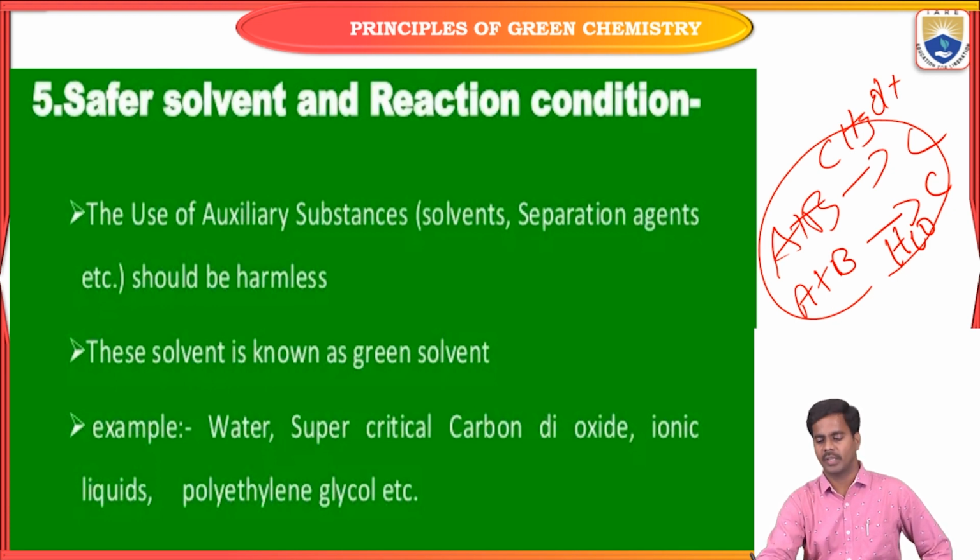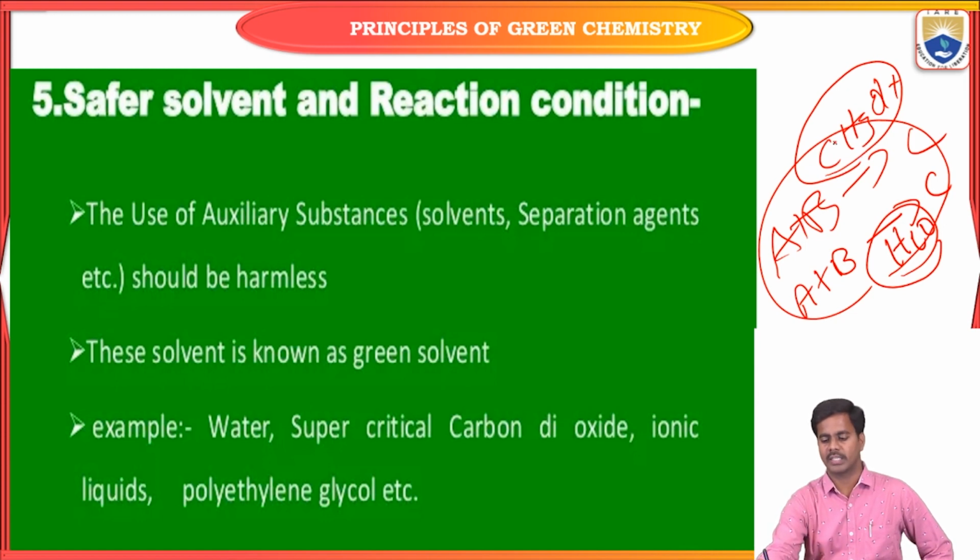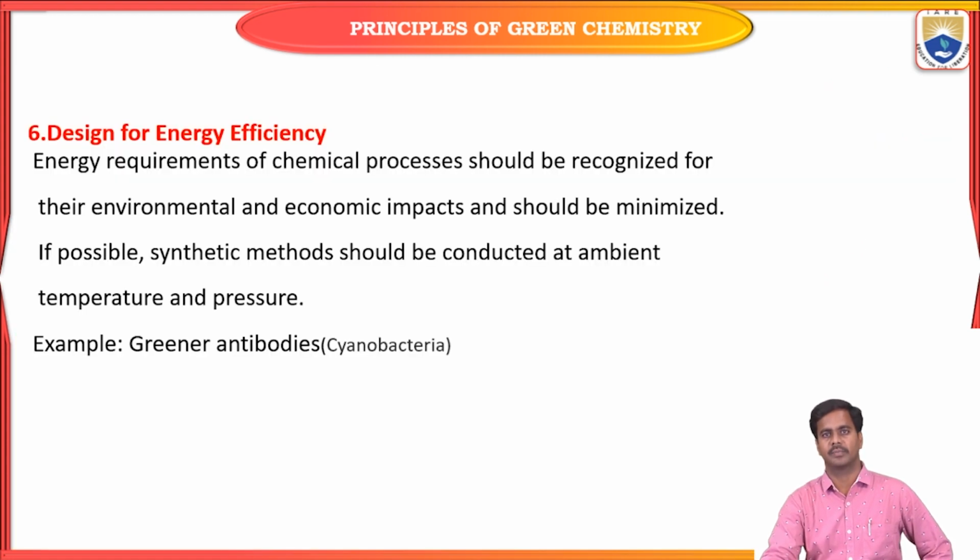Why? Because here we are using the eco-friendly solvent water. In the first reaction, we are using methanol as a solvent. Methanol is an organic solvent and produces some extent of hazardous nature to the environment when compared with water in the second reaction. Next one is design for energy efficiency.